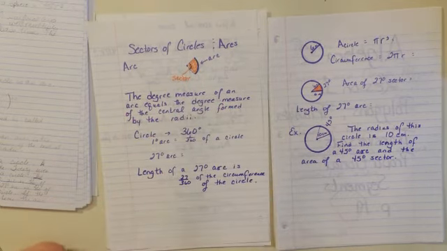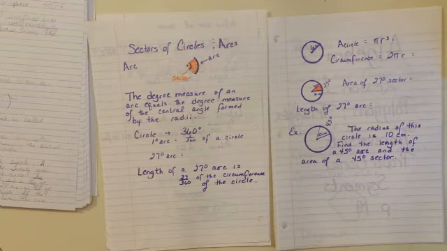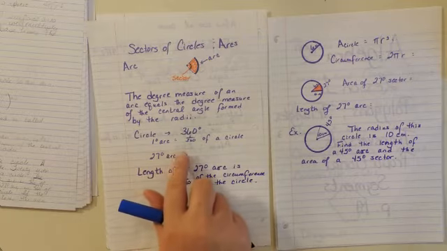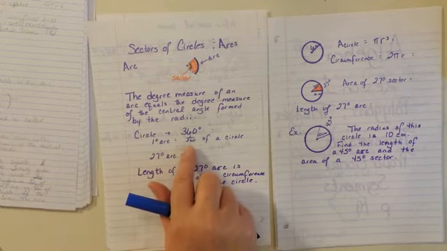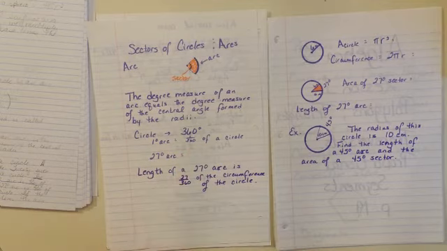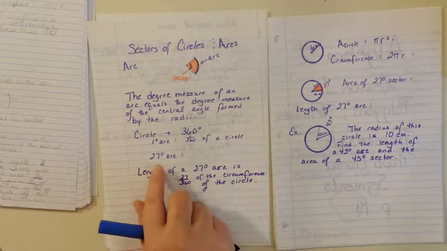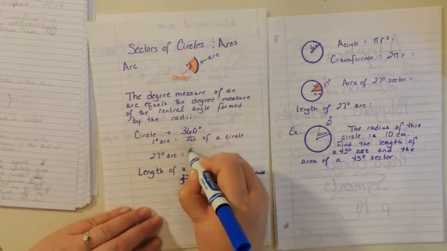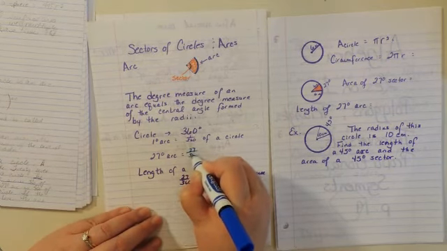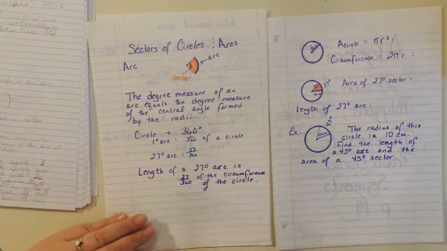Okay? There are 360 degrees in a circle. A 1 degree arc is 1/360th of a circle. So a 27 degree arc is 27/360ths of a circle.